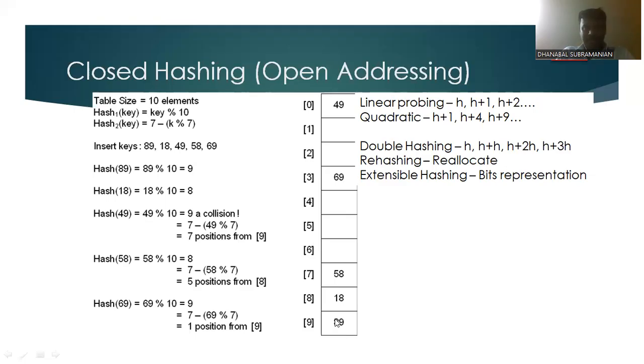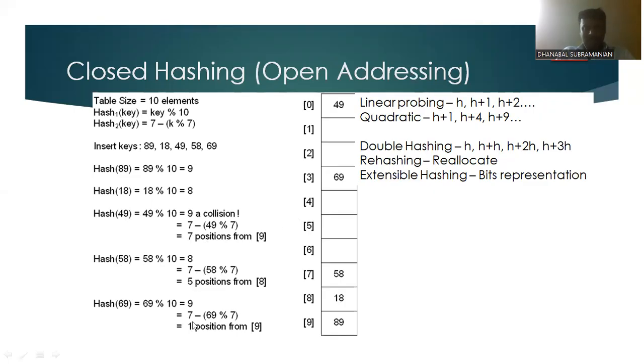At that time you apply the linear probing methodology: you try the next position, index plus 1, and if that position is empty, you insert the data there. Next, 58 modulus 10 is 8, and the 8th position already has data.